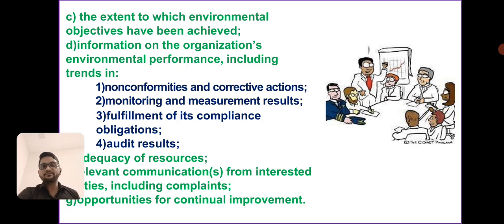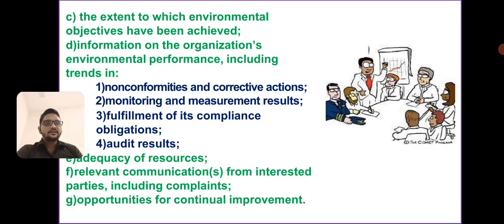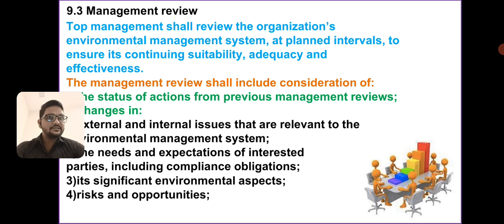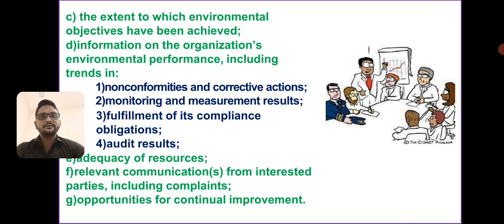Next is adequacy of resources, means adequacy of resources for training or EMS development or infrastructure. Next is relevant communication from interested parties, including complaints, and opportunities for continual improvement. These are some inputs that we need to mention in the management review.